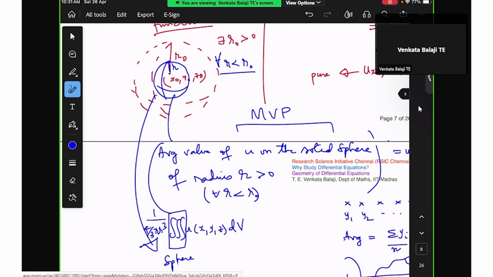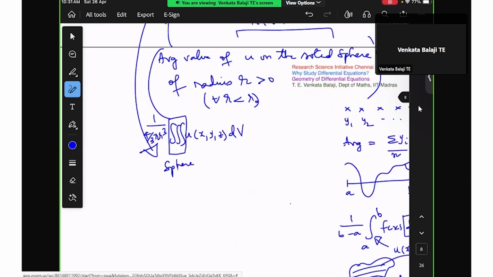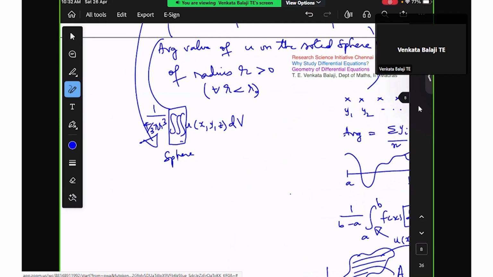Sir, I don't get what the bounds of the triple integrals you have shown are. So it is just a symbol. When you are integrating a function of two variables, you use a double integral, and when you integrate a function of three variables, you use a triple integral. The reason is that the region is two-dimensional or three-dimensional.